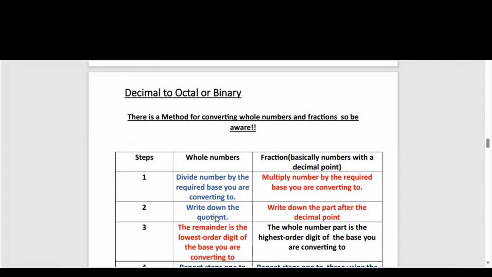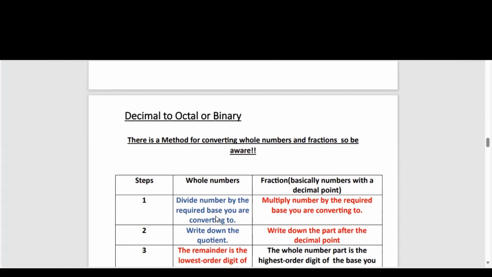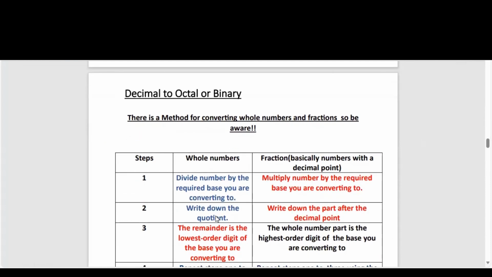All right, so decimal to octal or binary. You could go from the decimal system straight to the octal or the binary system with minimum steps. Let's have a shortcut method, and the method that I want to use. But before, I want to show you the shortcut method that I just use, and you just keep it in the back of your mind.